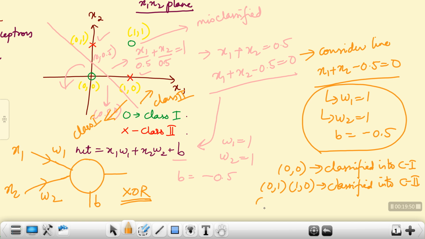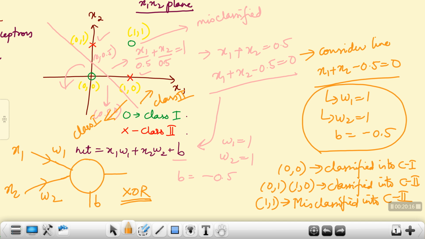But what is the problem? 1, 1 is misclassified into class 2. 1, 1 is actually a point from class 1, but it is getting classified into class 2. Is that clear?